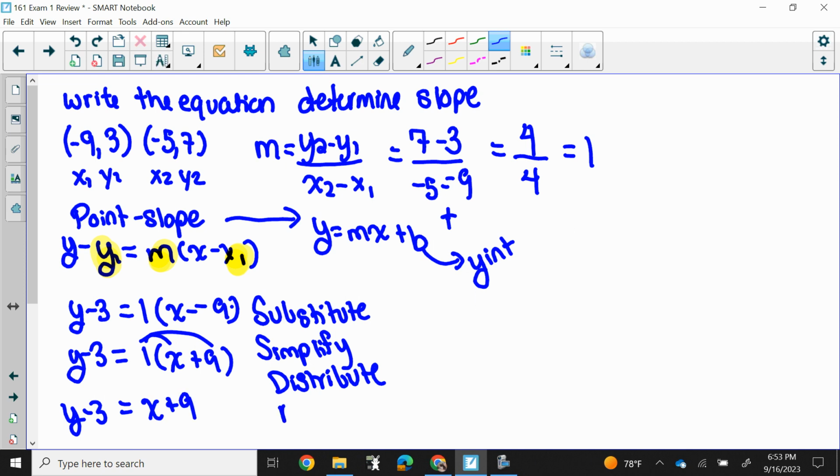And then my last step is to add or subtract. So I'm going to add 3 to both sides. So my final equation is y is equal to x plus 12. I'll go over another example as well, maybe one where I'm given the y-intercept, and we'll go from there.